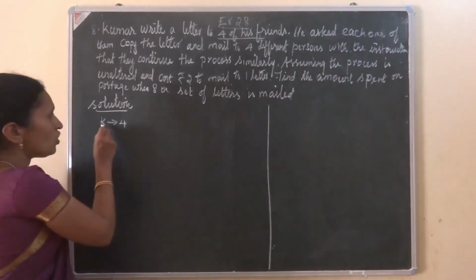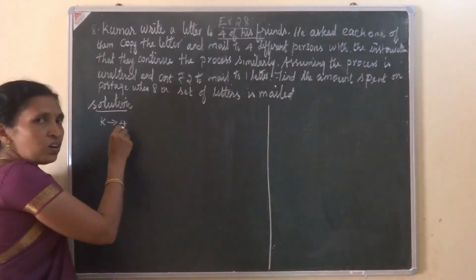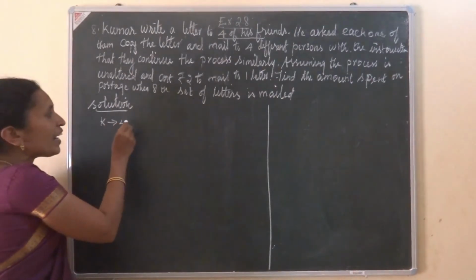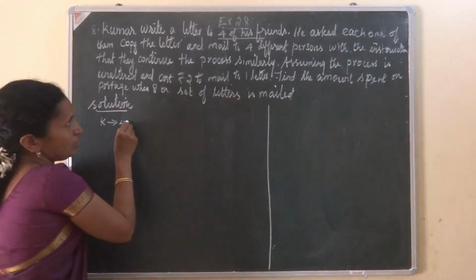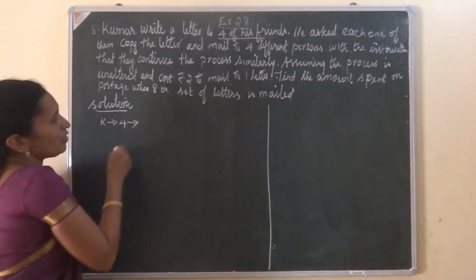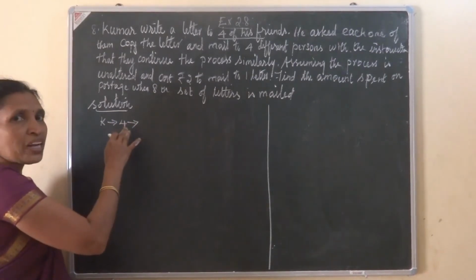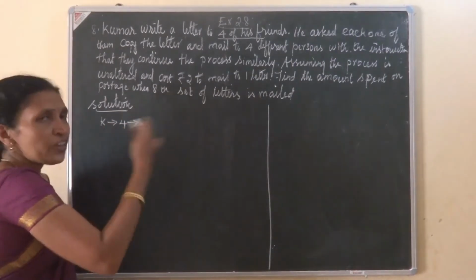First Kumar writes a letter to 4 friends and he said to copy the letter and mail to 4 different persons.